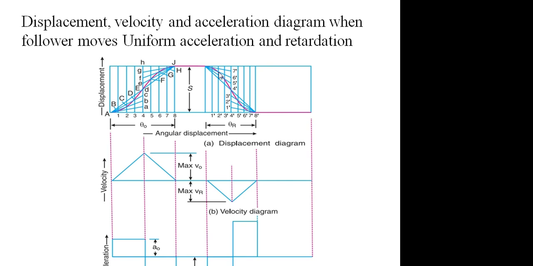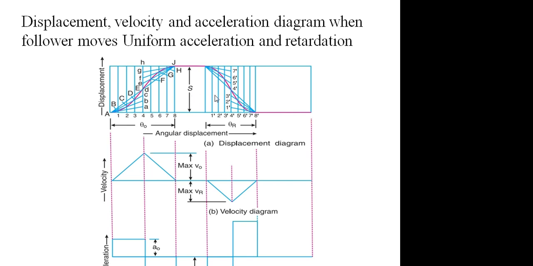The second line will intersect the second vertical line at this point. The third vertical line will intersect the third line at this point. The fourth line will intersect at this point. Likewise, you will get a number of points here. Passing through all the points, draw a smooth curve. So you will get a displacement diagram for theta O, dwell 1, theta R, and dwell second of the follower.